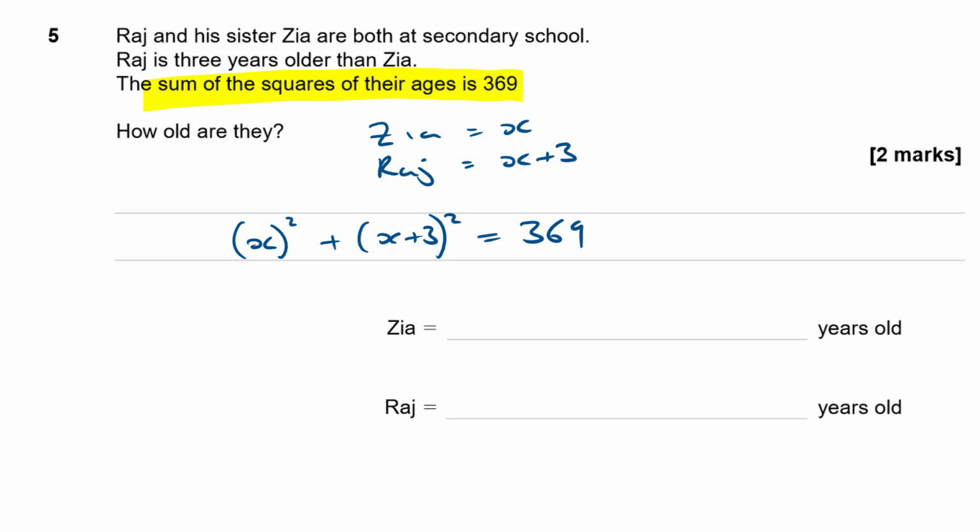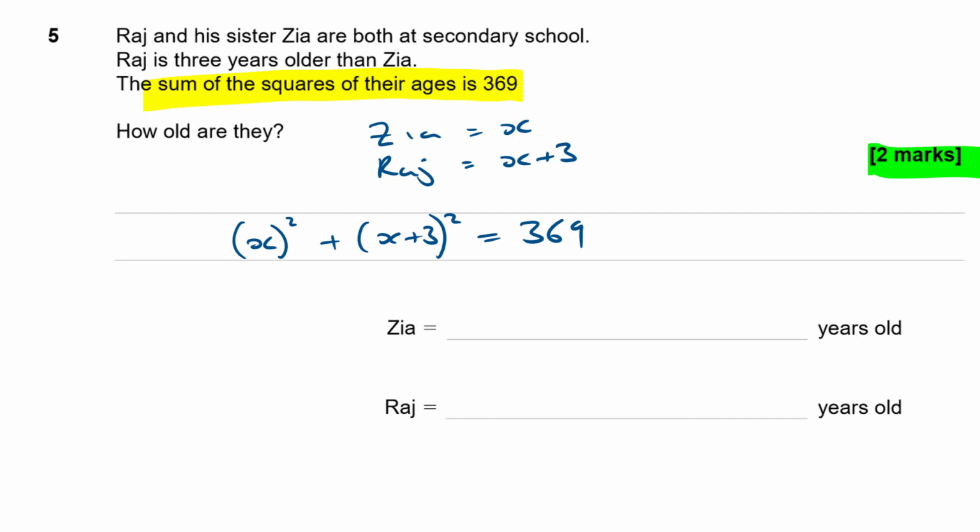Now, it's perfectly possible to multiply all this out and collect like terms, form a quadratic equation in x, which we can then go on and solve, and that would give me my value of x. But that is a lot of work for 2 marks, and I don't think that is the way they're expecting you to do it here.